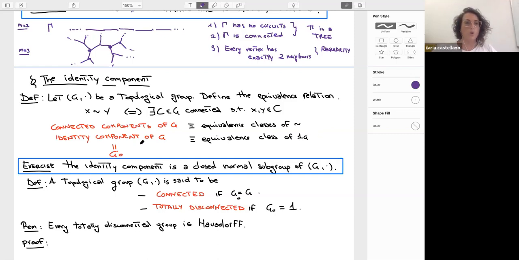So we look at the equivalence class of the identity, which is called the identity component, and I will denote it by G naught.